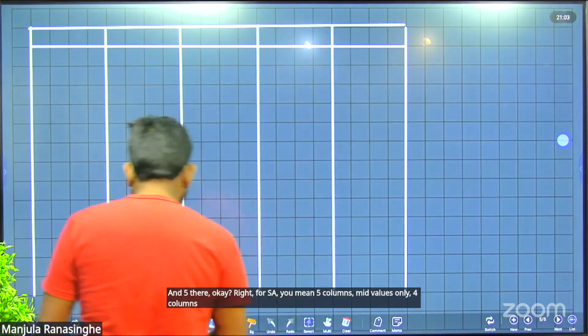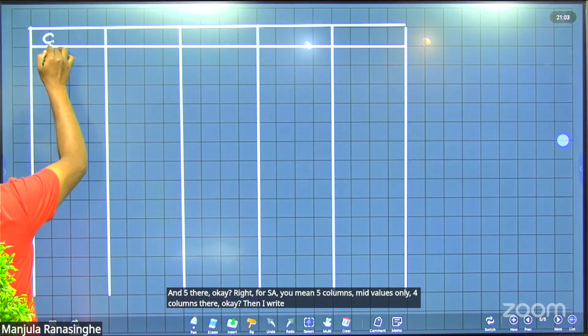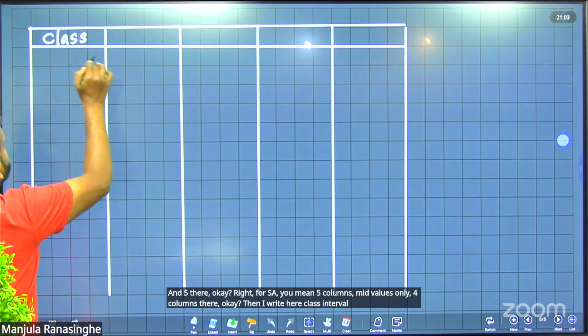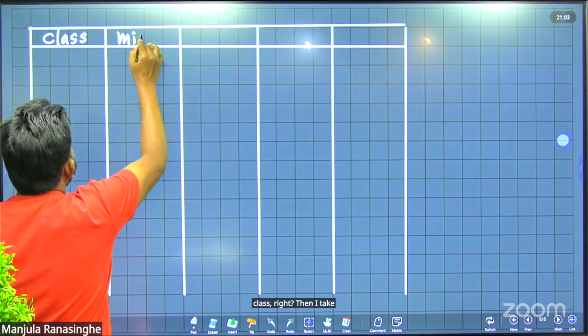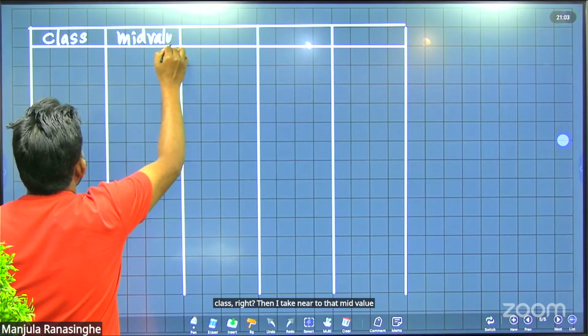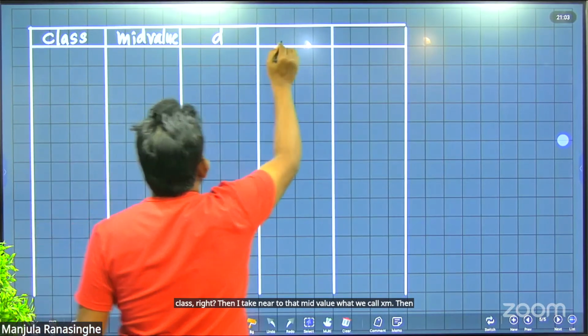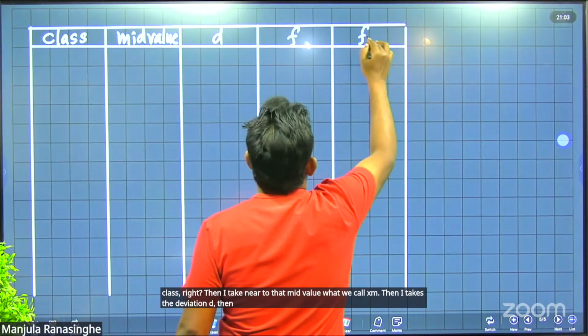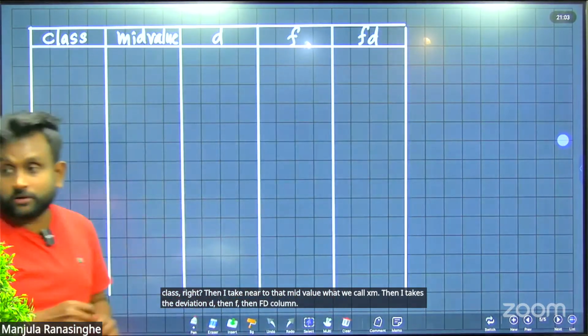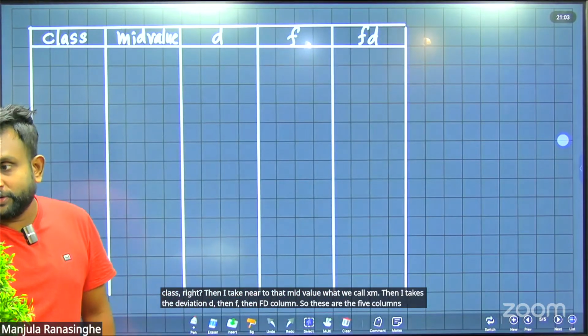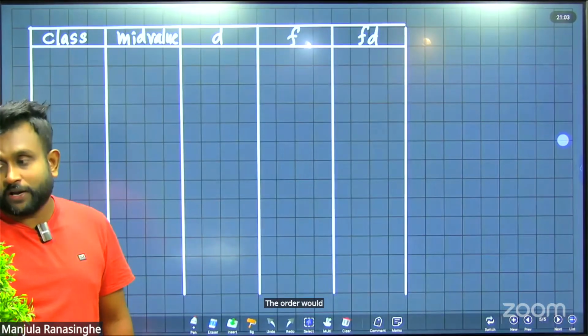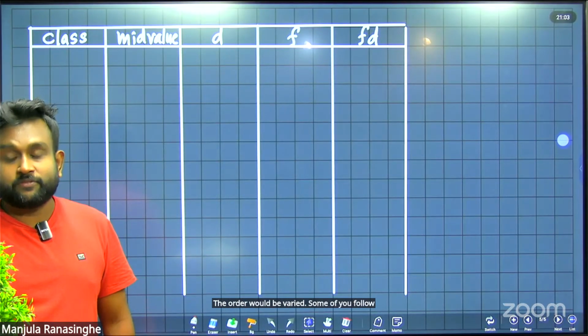Then I write here class interval, class. Then I take the value near to the mid value, what we call x, then I take the deviation d, then f, then the fd column. So these are the 5 columns. The order can vary. Some of you follow a different order, but I follow this order.